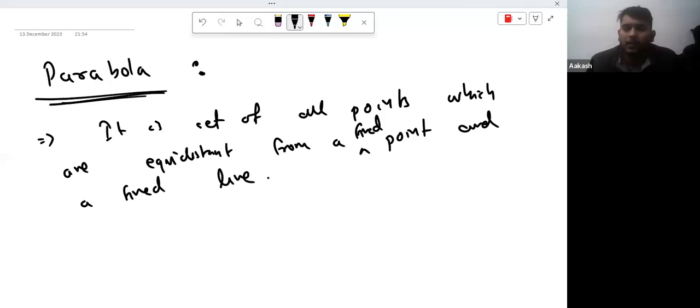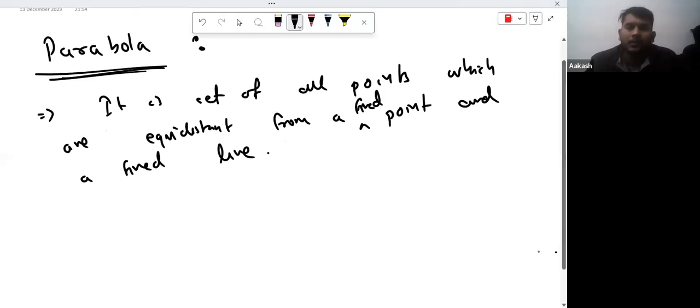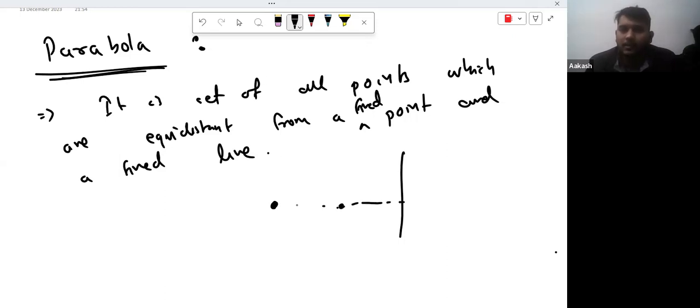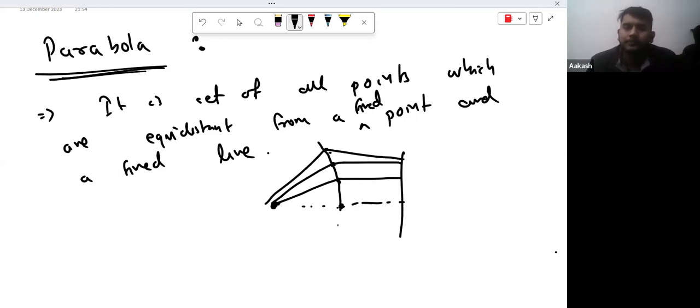What I mean by this is, if you take any point and any line, this point is equidistant from this line and this point. Now there will be many points which are at equal distance from this line and the point. So if you join all of these points, then what you get is a parabola.